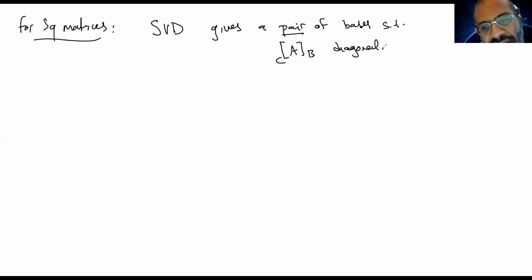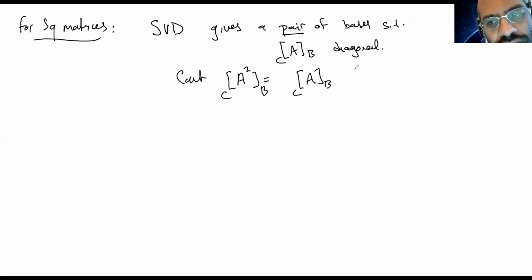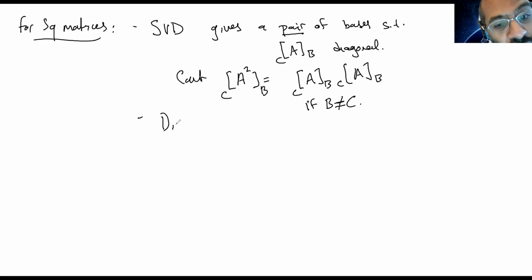And this is a problem because then you can't take powers, because if the B and C are not equal, it doesn't make sense. But diagonalization gives one basis.